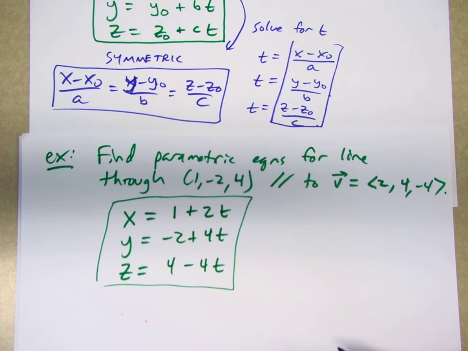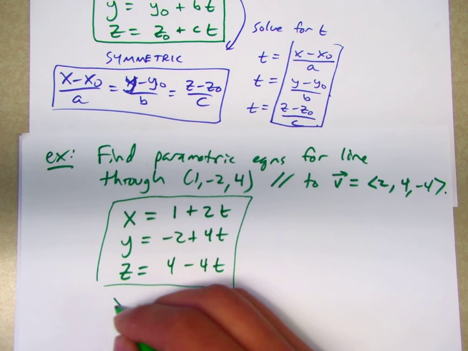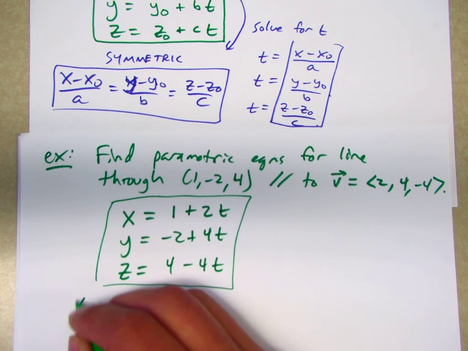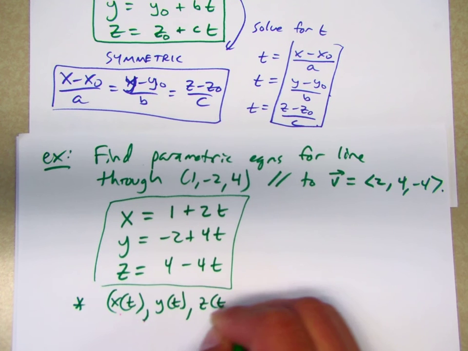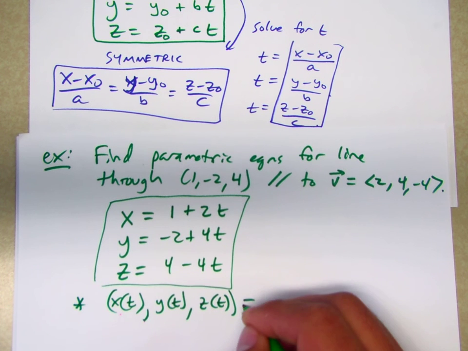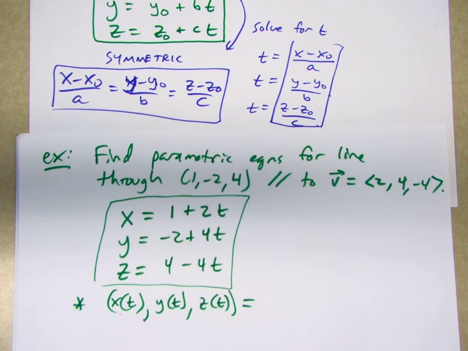Okay. Now, just also be comfortable with different notation. You might see it written like this. Maybe on WebAssign they have it written this way, where you're finding the equations, but you're writing it as an ordered triple. And so that would be the same thing.